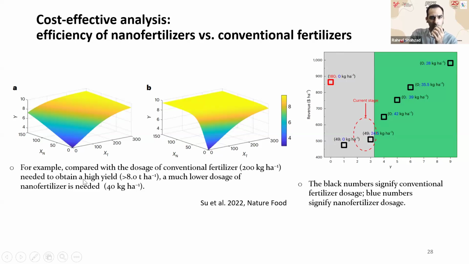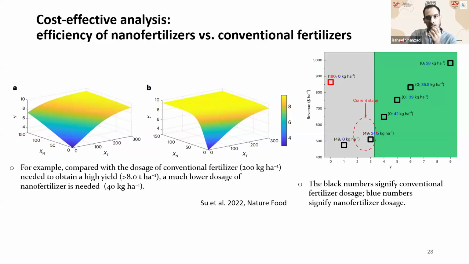If we talk about it shortly, for the same yield of 8 tons per hectare, we can get it with only 40 kilograms of nanofertilizers, while for the same yield, the conventional fertilizer utilization is higher, which is 200 kg or more.